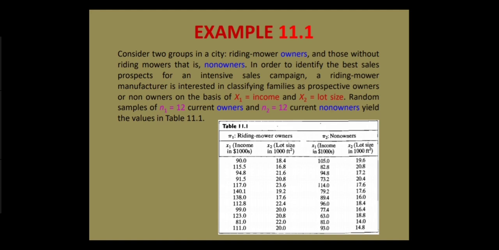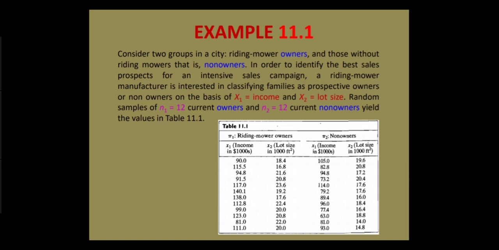Alright. Consider two groups in a city, riding mower owners and those without a riding mower, that is non-owners. So we define these two populations as owners and non-owners. So we have two populations here, or two groups, of owners and non-owners.